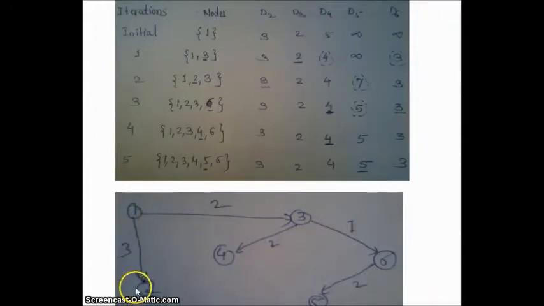Node 1 to node 2 with the distance 3, node 1 to node 3 with the distance 2, node 1 to node 4 with the distance 4, but where it has been changed at this level, that is because of or through node 3, and that's why the path goes like 1 to 3 and 3 to 4.